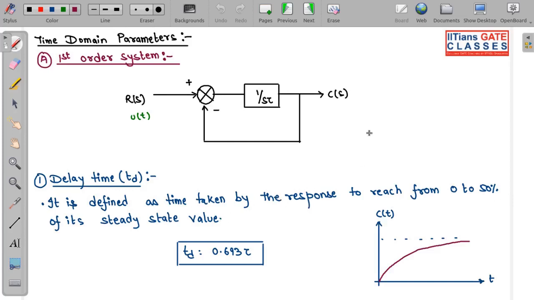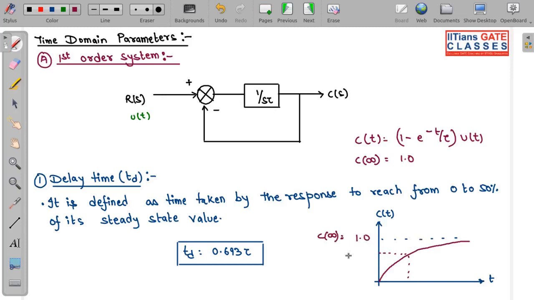So we have seen for your first order system, for the step response, C of t was 1 minus e to the power minus t by tau, u of t. So C infinity is equal to 1. So basically your delay time is the time taken by the response to reach 50% of its steady state value.